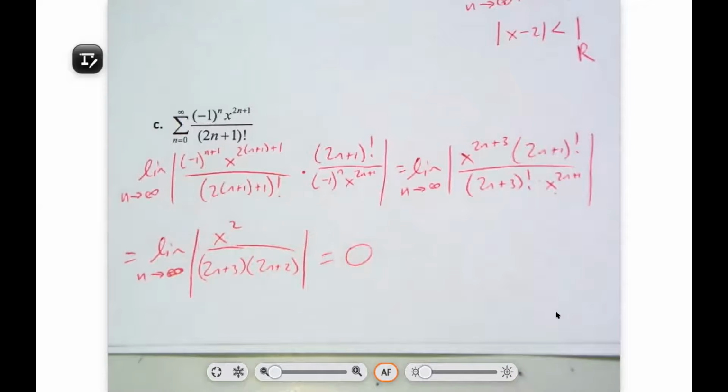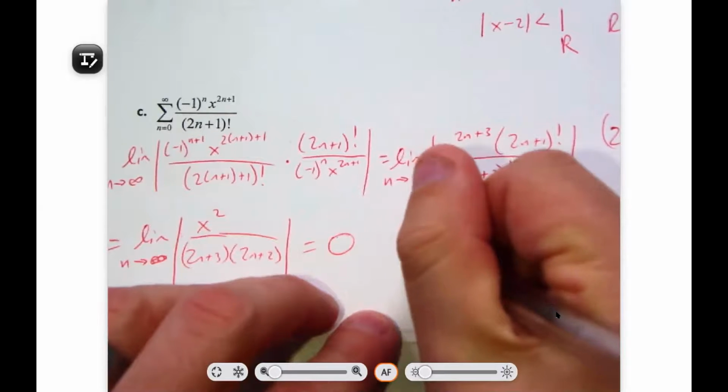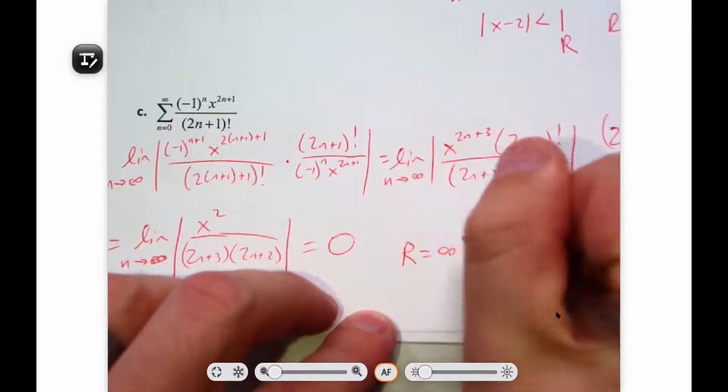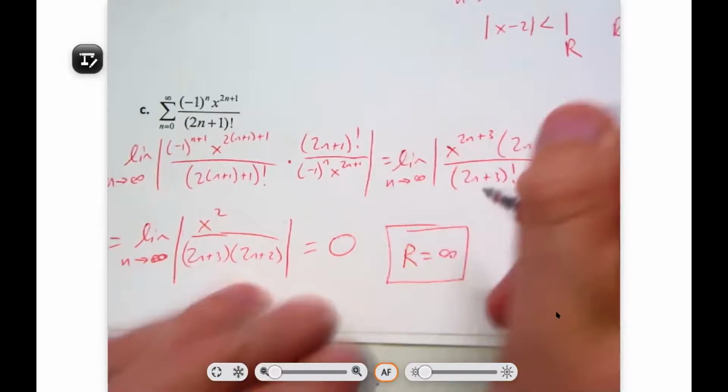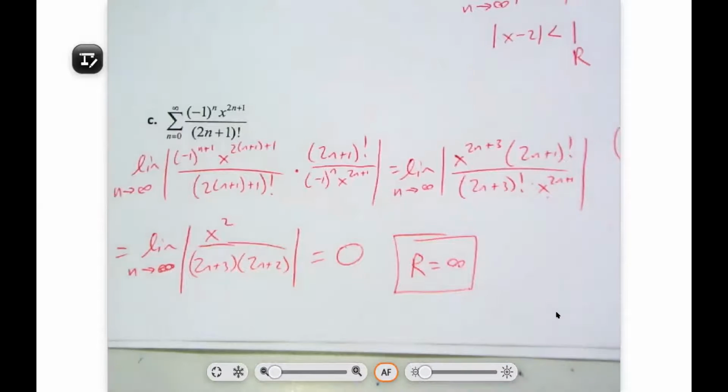What that means is this is always less than 1. This series converges for all x values. That means the radius of convergence is infinity. Sorry, hopefully that didn't screw you up. The radius is infinity. This series will converge for all values of x.